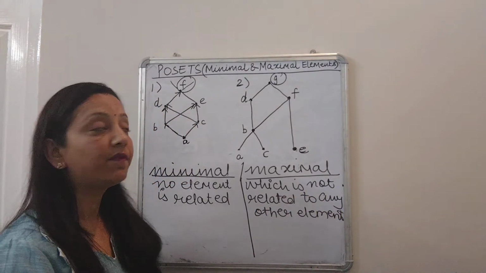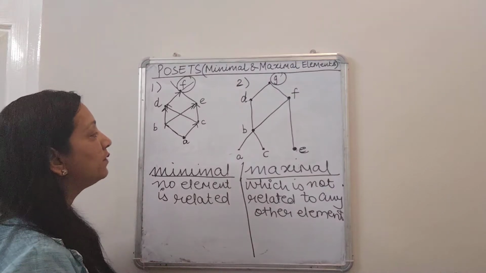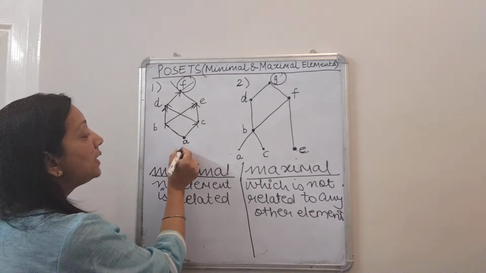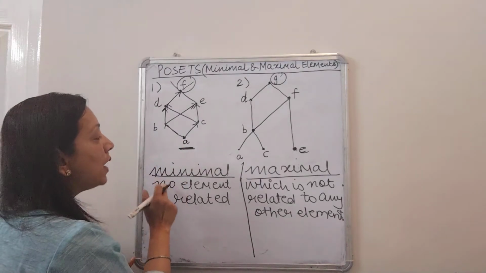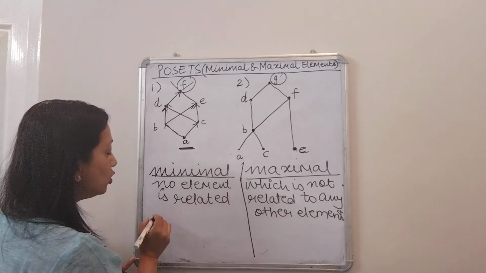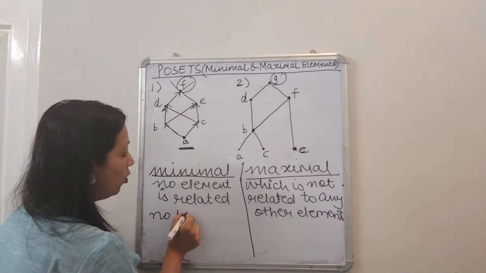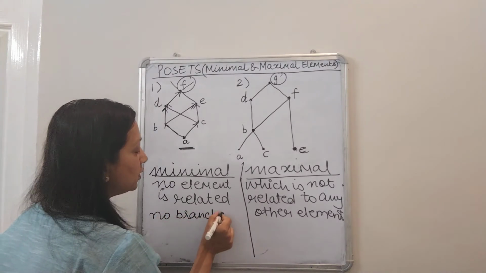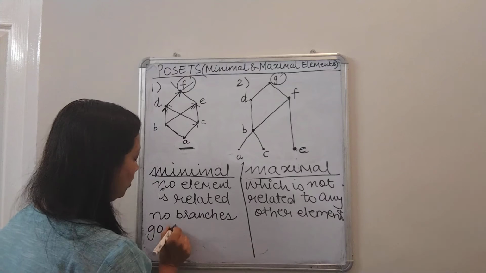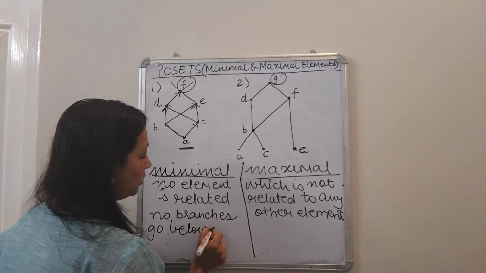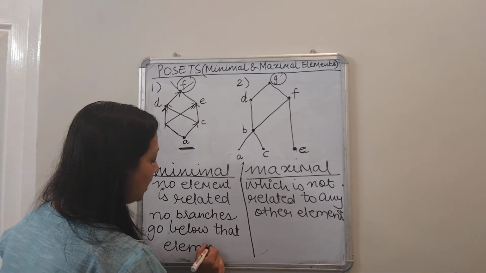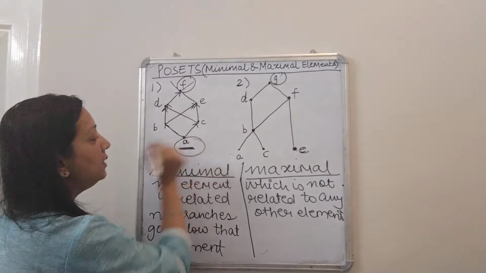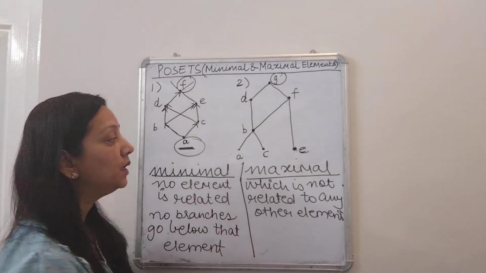And one more simplified point of observation that you can see here is that if A is a minimal element, there are no branches going below that element. So if there are no branches going down from a particular element, it is a minimal element.